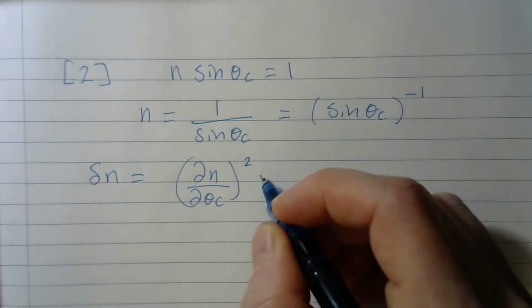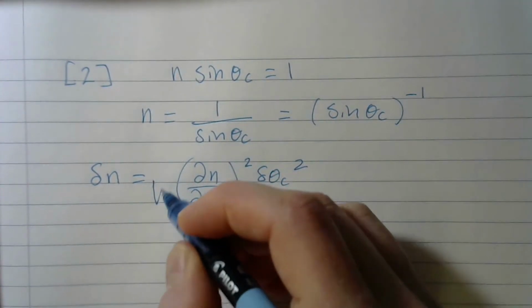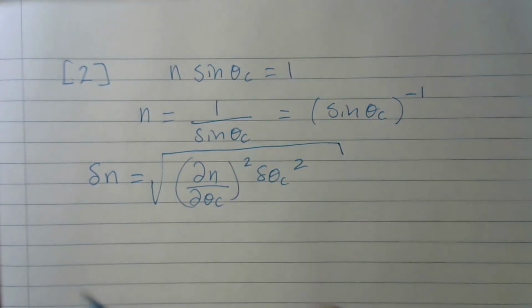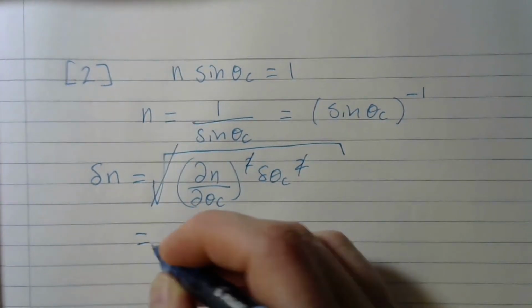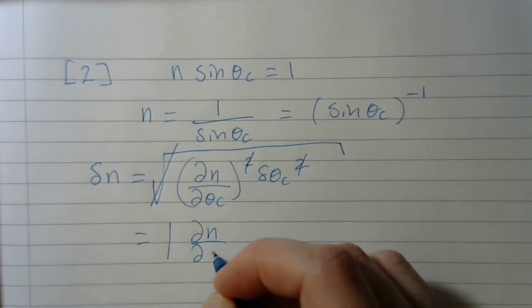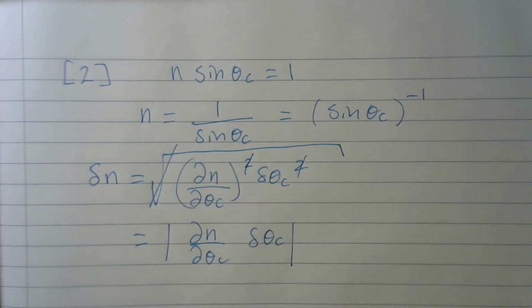That's squared, and then multiplied by the uncertainty of theta c squared, and that is all square rooted. There's no more terms here, so I can make my life a little easier, and I can cancel out the square root and the squares here. So that just gives me the absolute value of this partial derivative times the uncertainty of theta c.